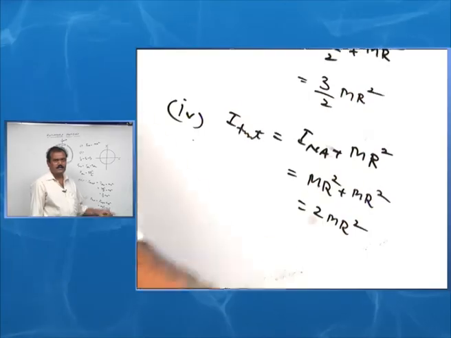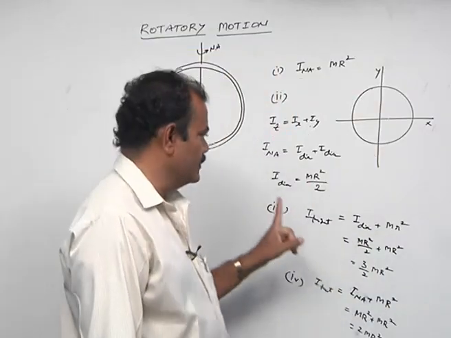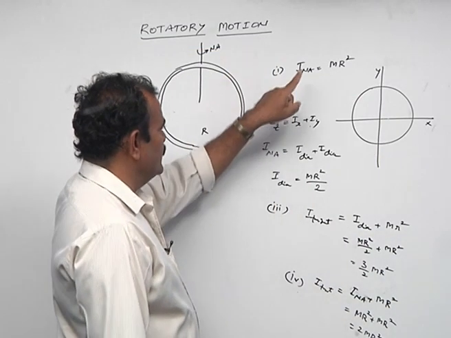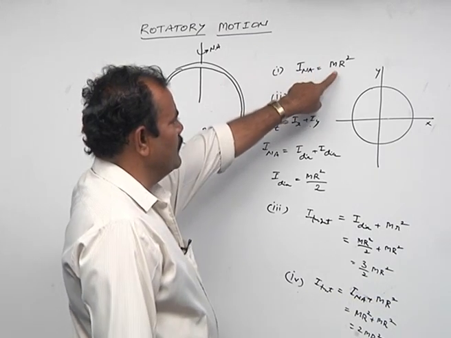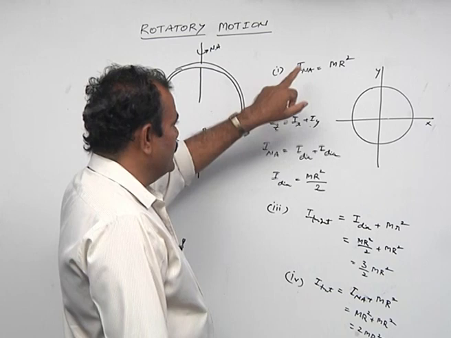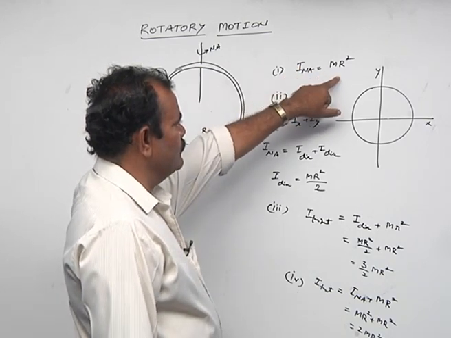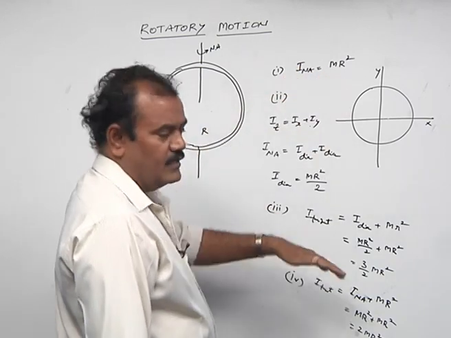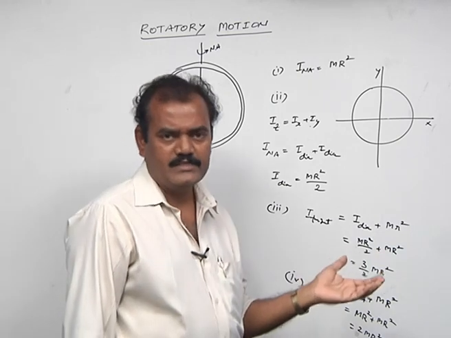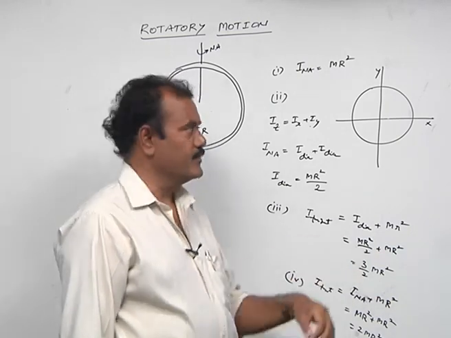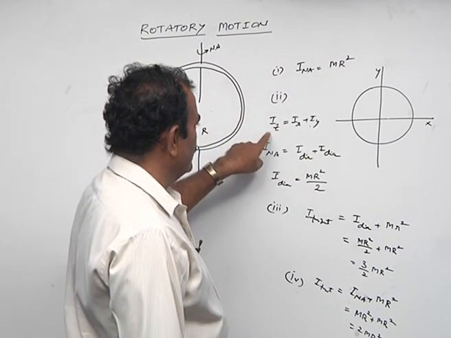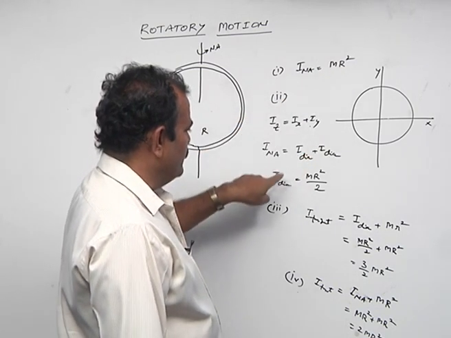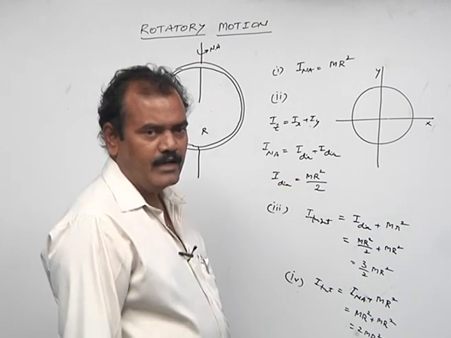In the case of the circular disc also, the same phenomenon can be taken. Here also, in the circular disc, I NA is equal to Mr square by 2. But that I NA for the disc, Mr square by 2, is not obtained from either the parallel axis theorem or the perpendicular axis theorem. For that you have to take the integration process only, and it comes to Mr square by 2. And thereafter, again applying the perpendicular axis theorem, we can find out the I diametrical axis.